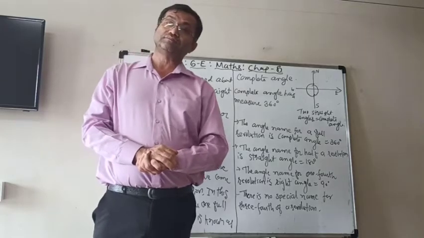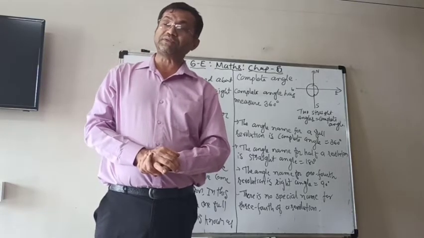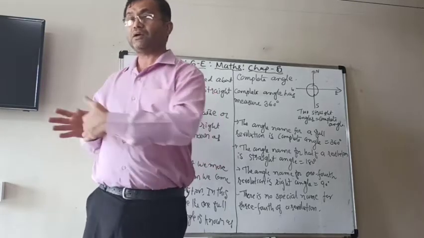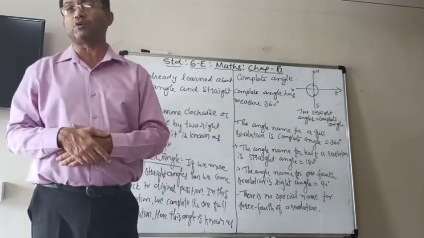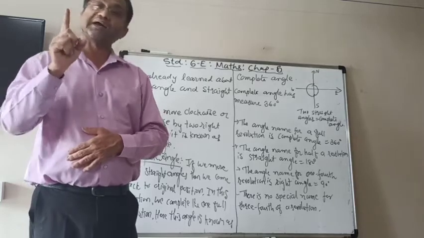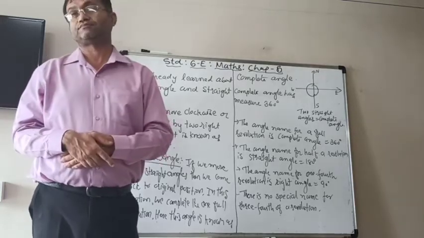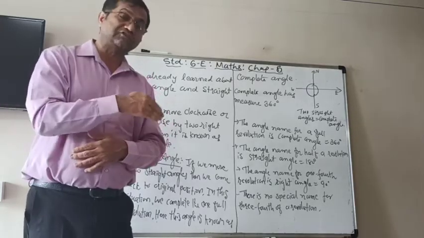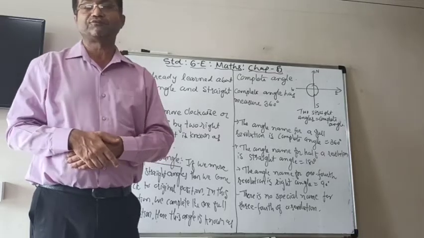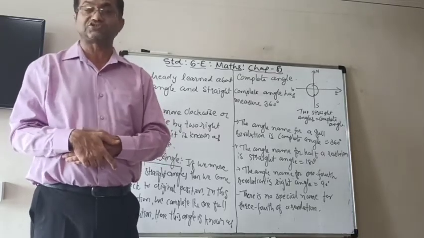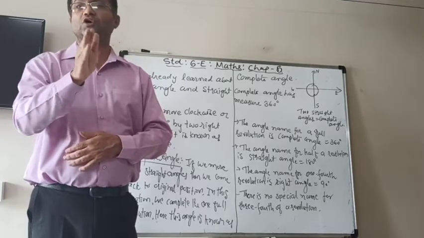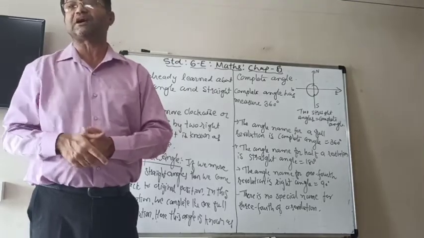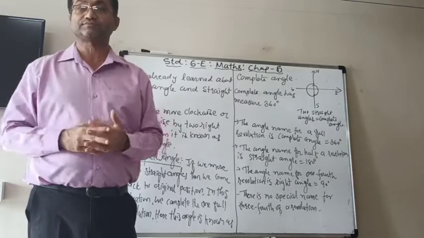Now again, if you are facing towards the south and go clockwise, again you move by a straight angle, then what will be your final facing direction? Then you will be back to your original position from where you started, that means north.